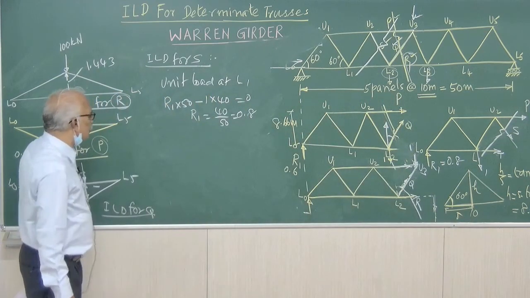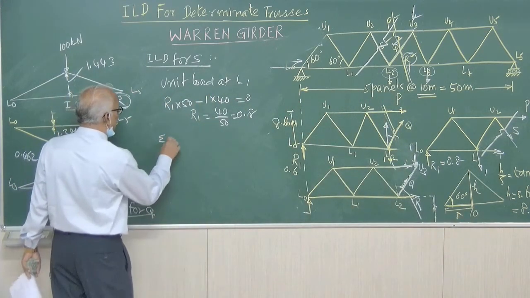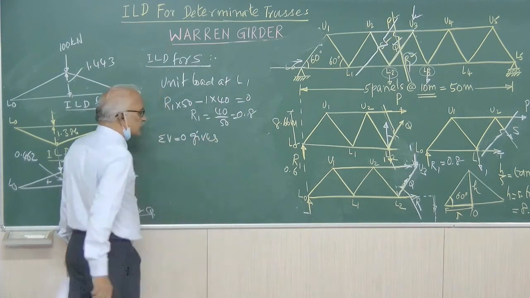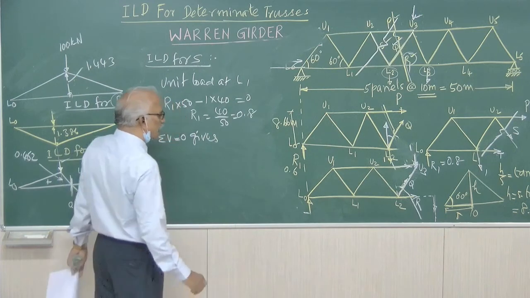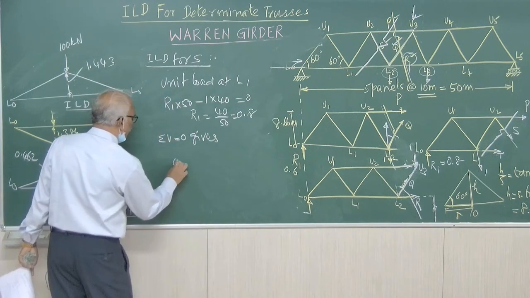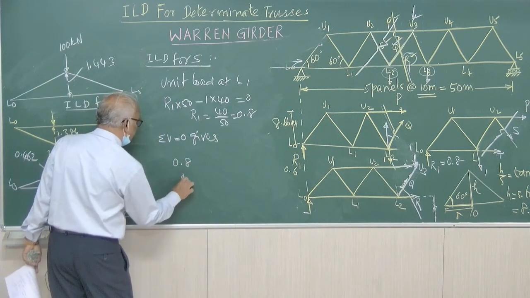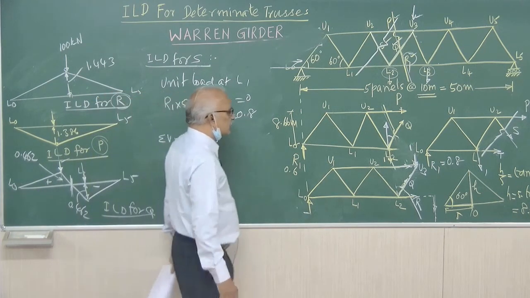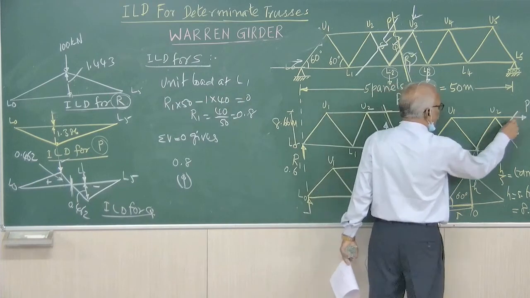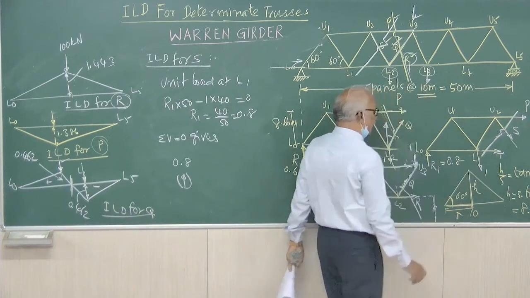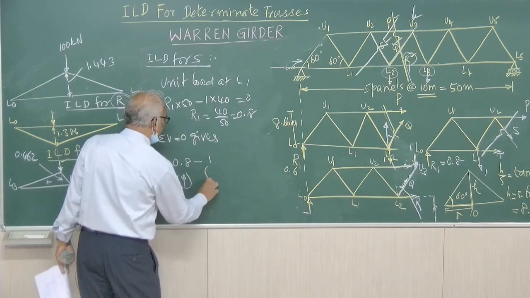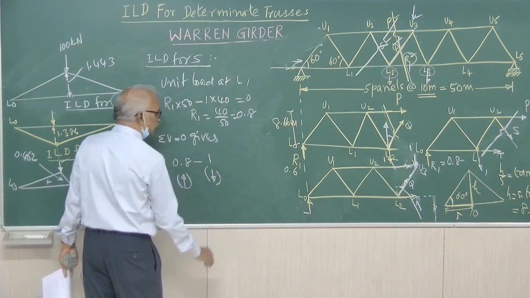Now, we will use sigma V equal to 0. Now 0.8 is the reaction. It is in the upward direction. Then the unit force. So, this is the cut section. The unit force is within the cut section, so we have to account for it. Therefore, minus 1 because it is in the downward direction.